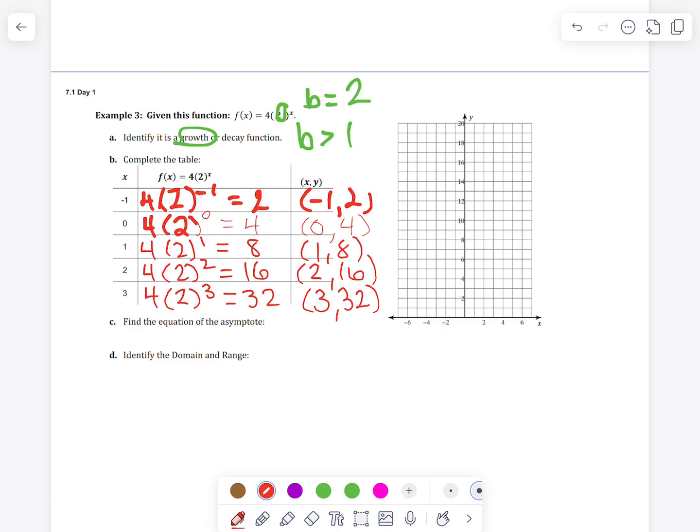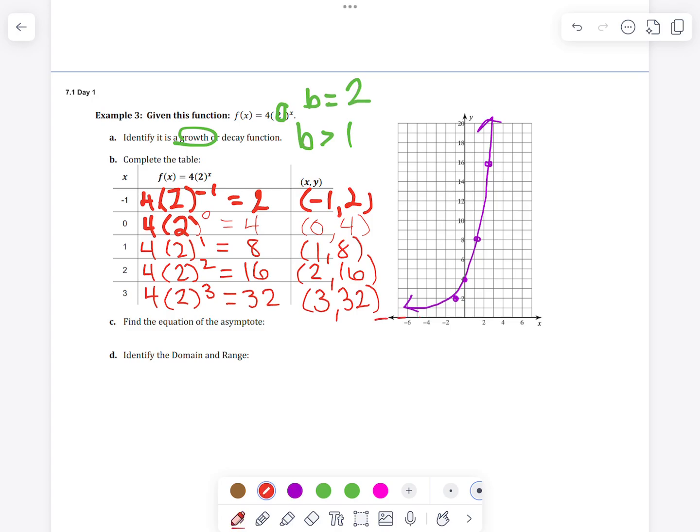All right, now we graph the ordered pairs. And we notice that this graph is increasing over time.